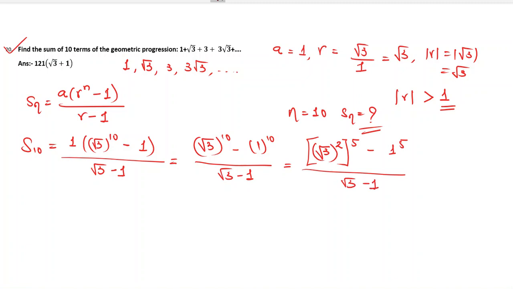Because root 3 raised to 2 raised to 5 is root 3 raised to 10. And 1 raised to 10 and 1 raised to 5 are the same things. Right? So this is nothing but root 3 square is 3 raised to 5 minus 1 raised to 5 upon root 3 minus 1.